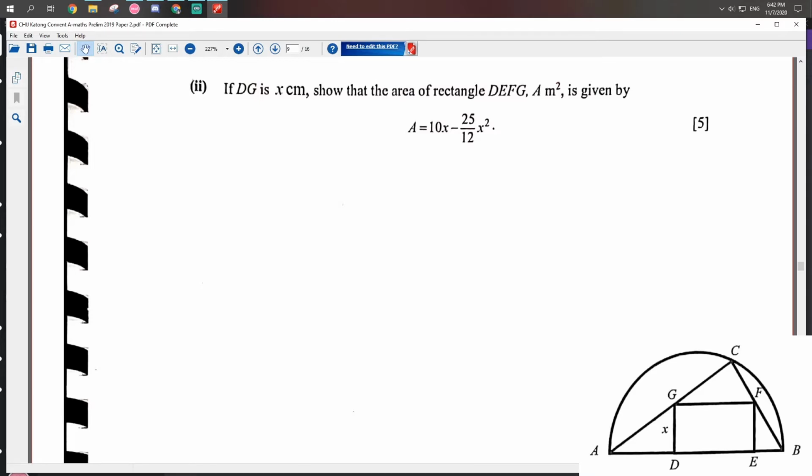So we can set up similar triangles. I'm going to find the ratio of the perpendicular height to FE, and that will be the same ratio as AB to GF. Then we multiply GF by x, and we are done.